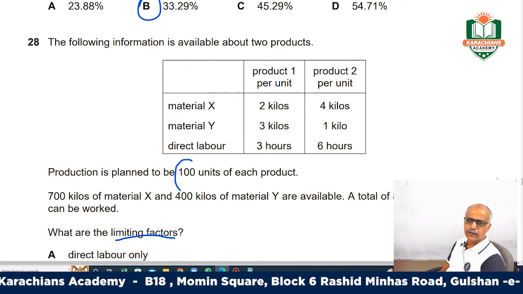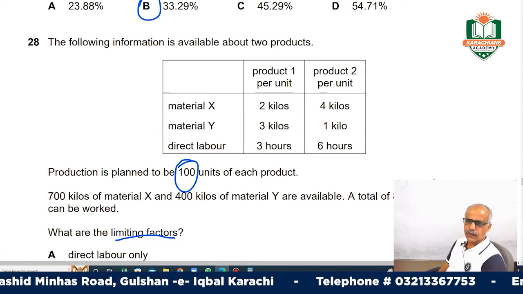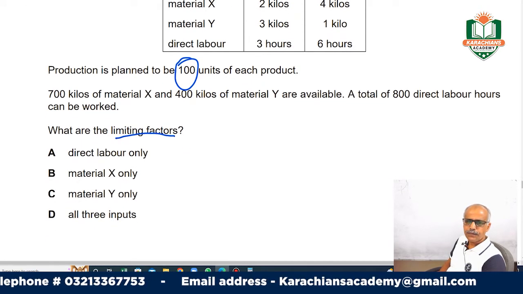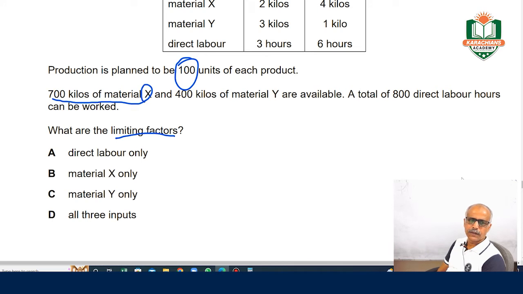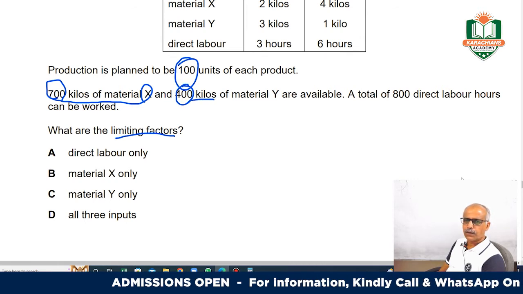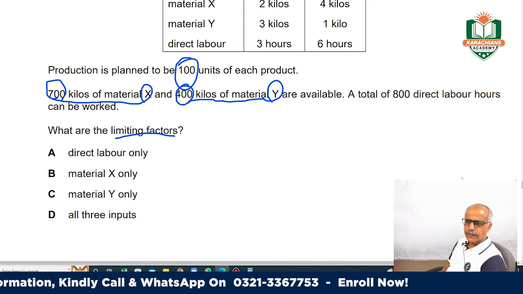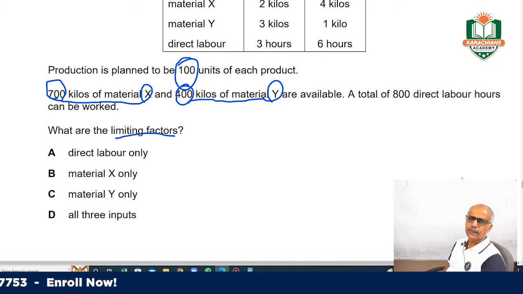Production is planned at 100 units of each product, 100 of product 1 and 100 of product 2. You have only 700 kilos of material X and 400 kilos of material Y, which means you are short of material.